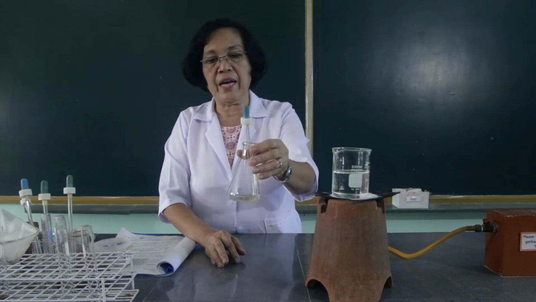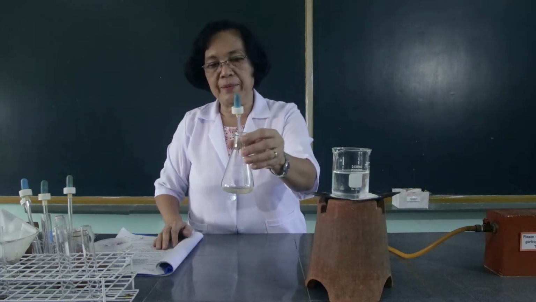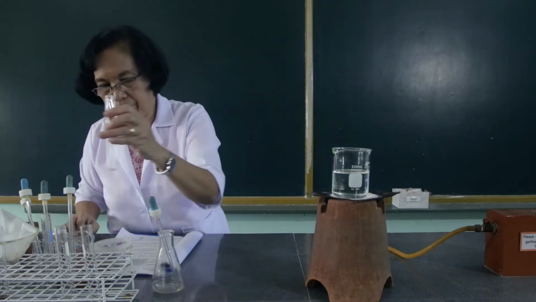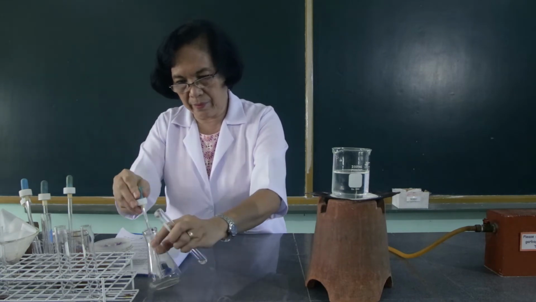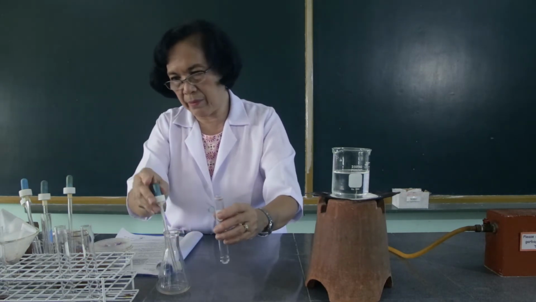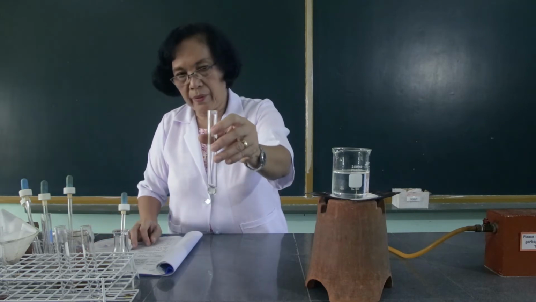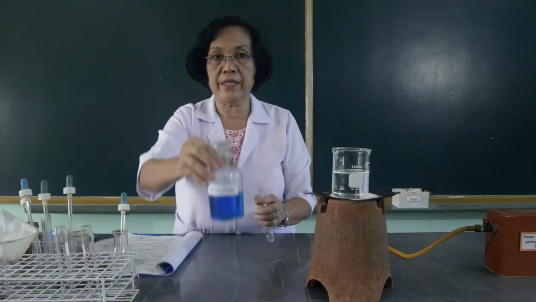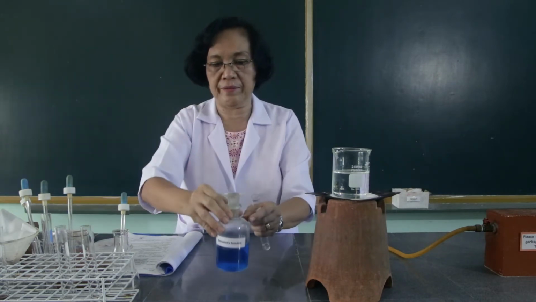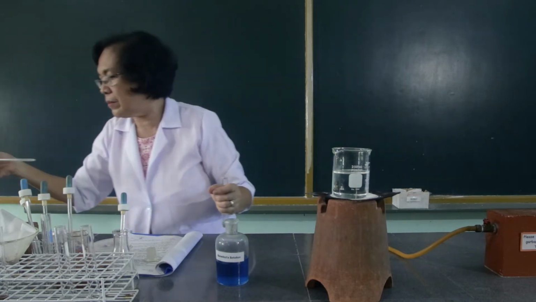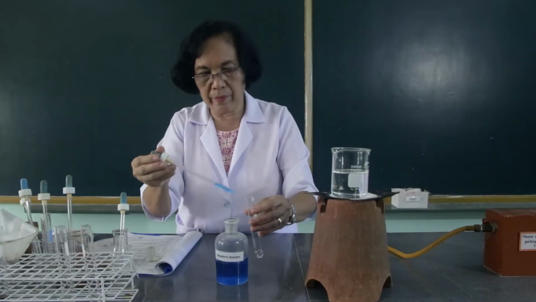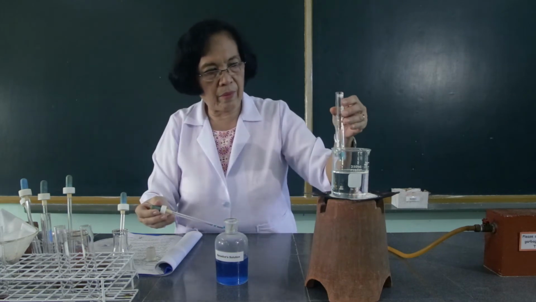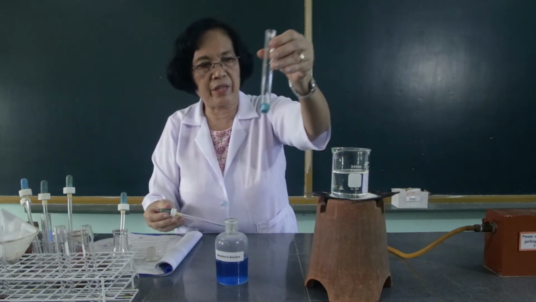Then we're going to get again another part of the filtrate and be tested with the Benedict's test for the presence of the carbohydrates. Then we're going to add to this 4 drops of the Benedict's reagent. This is the Benedict's reagent. And we will place this into the water bath.